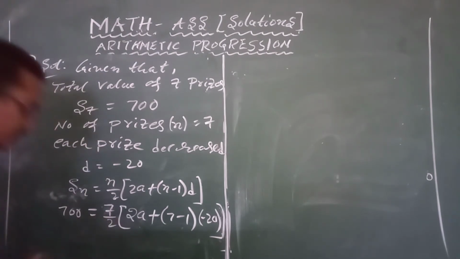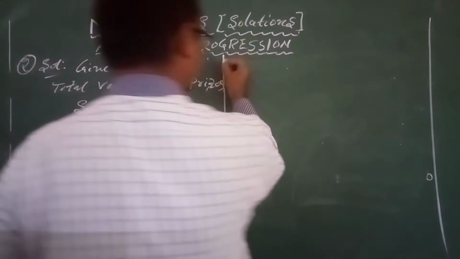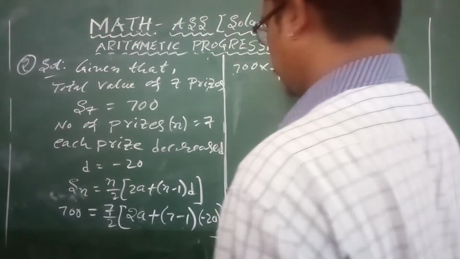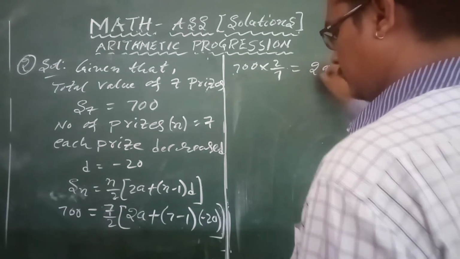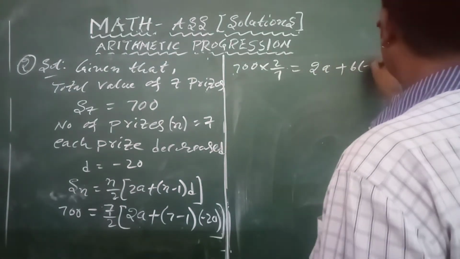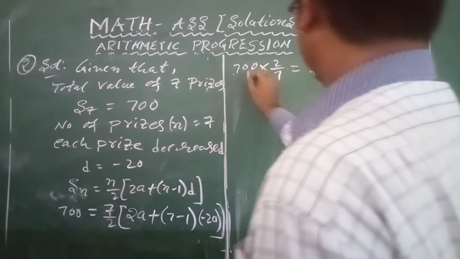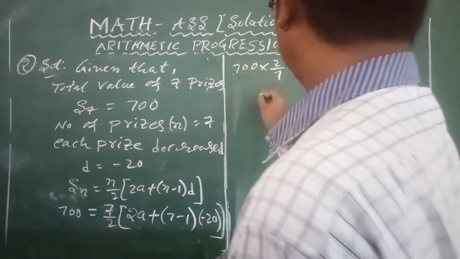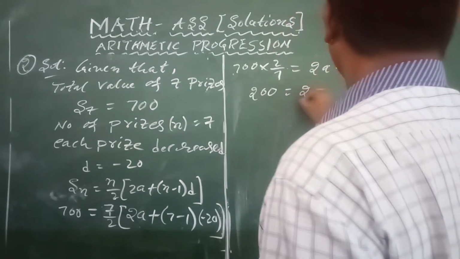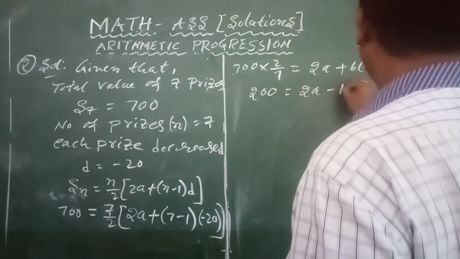Now transpose 7 by 2 to the other side. 700 into 2 by 7 gives 200 is equal to 2a plus 6 of minus 20, that is 2a minus 120.